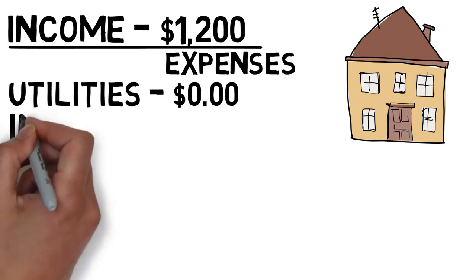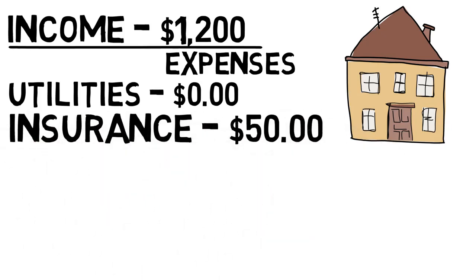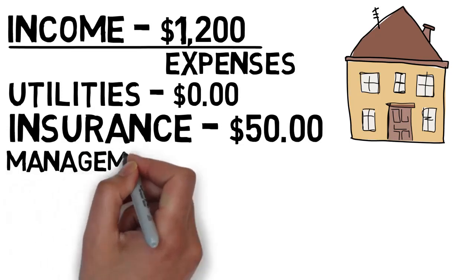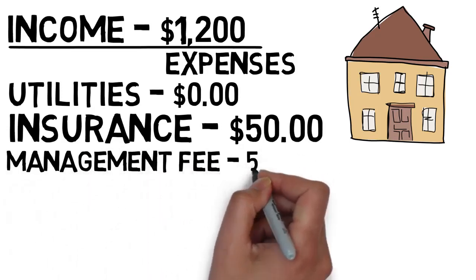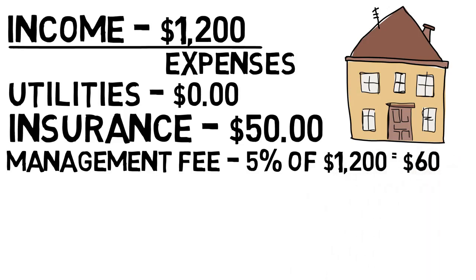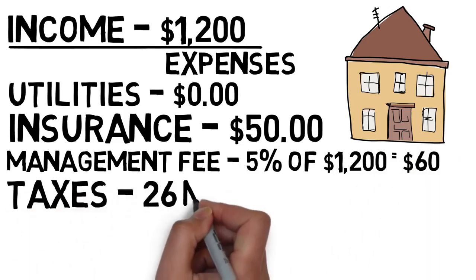We have our insurance payment, which is $50 a month, which is average for a single family home in our area. We include a management fee, which is 5% of the gross income of the property, which equals $60 per month. Then there are the taxes, which is 26 mills.